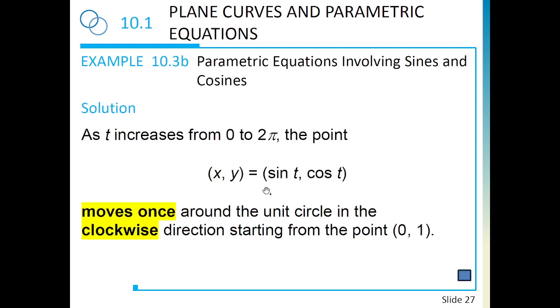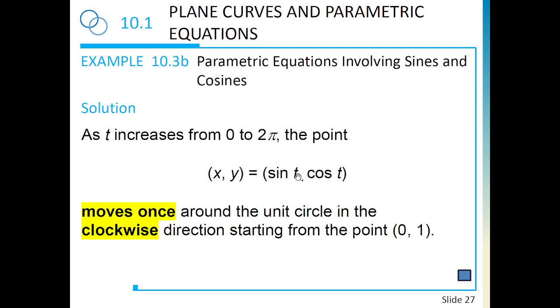Now, what happens if I take t equal to pi over 2? As time increases, sine will be 1, cosine will be 0. So x is 1 and y is 0. So we started at the top and then we are going this way. That means it is clockwise. So it is simple.